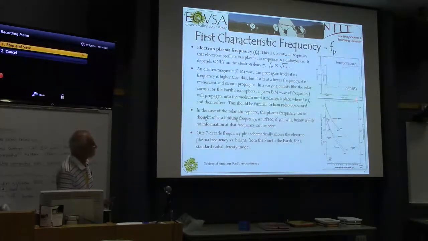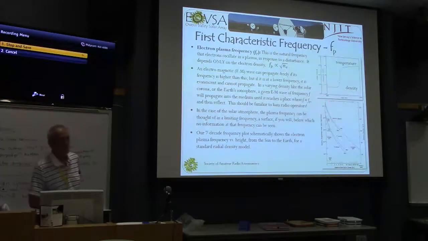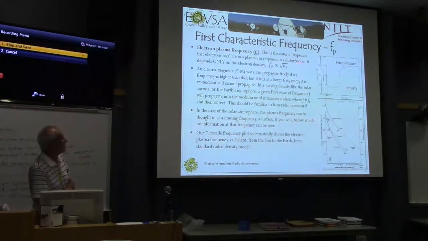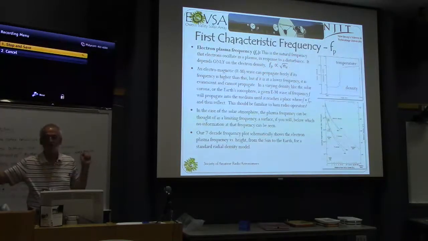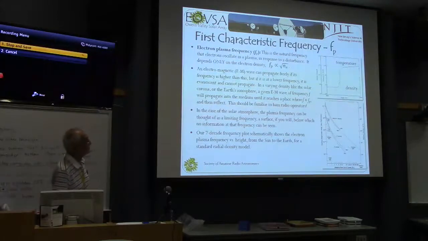So if we have models of the solar atmosphere in temperature and density, we can certainly, as a function of height, so we've got density, this dashed line here is the density falling off as you go to higher heights. And as you go far away from the sun, it starts falling off like here. The details aren't important, but the point is that by having such models, I will know what the plasma frequency as a function of distance from the sun is. And that's one of the things on my diagram.